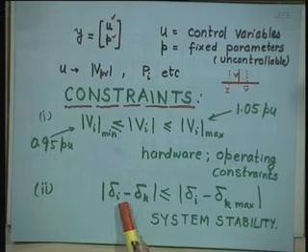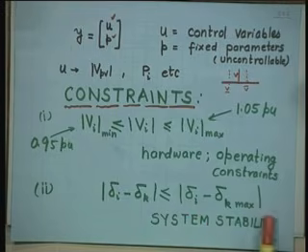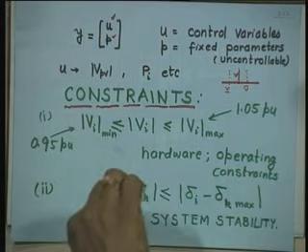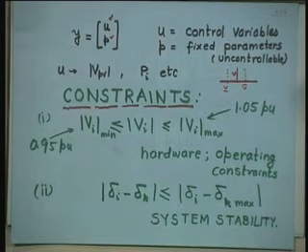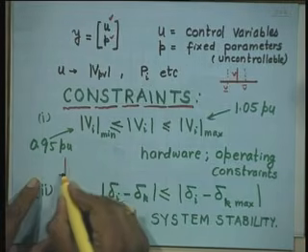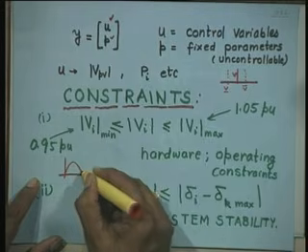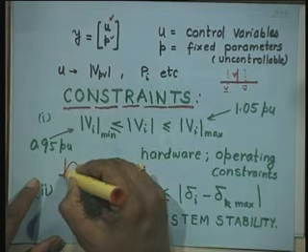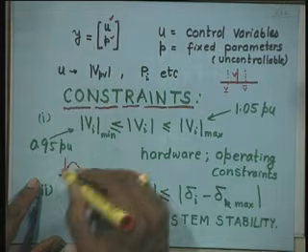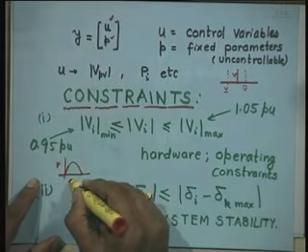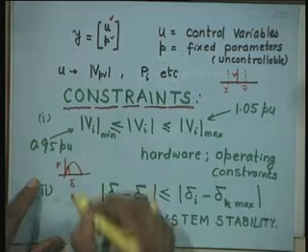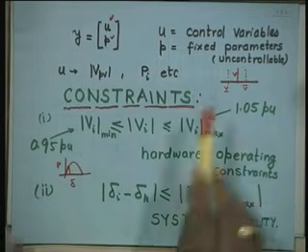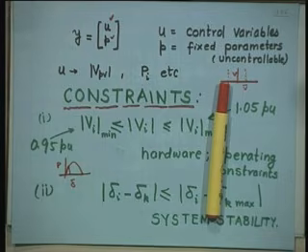Second, delta_i minus delta_k should be less than or equal to delta_i minus delta_k max. This constraint is due to system stability requirements. All of you know the power angle curve, and this is a linear portion, this is P versus delta, and normally it operates up to 30 degrees, though maximum it can go up to 90.